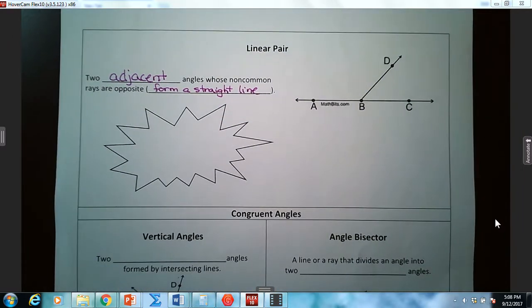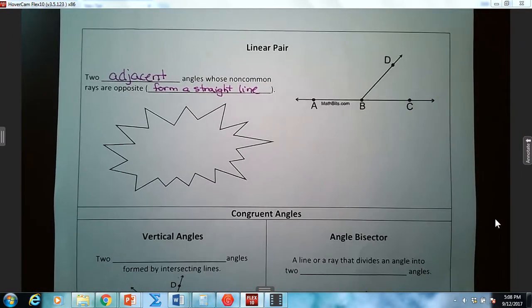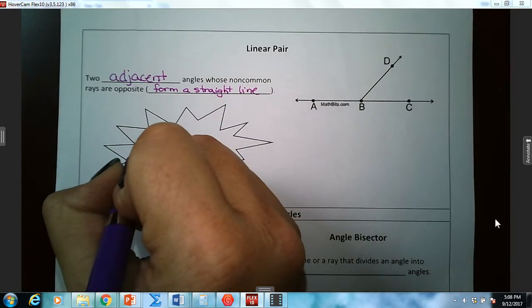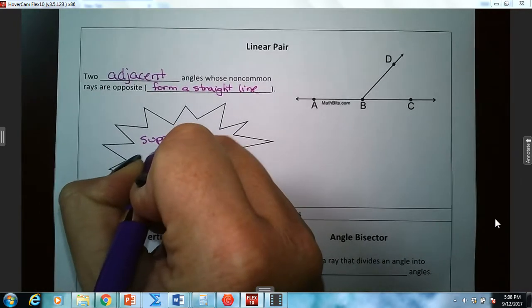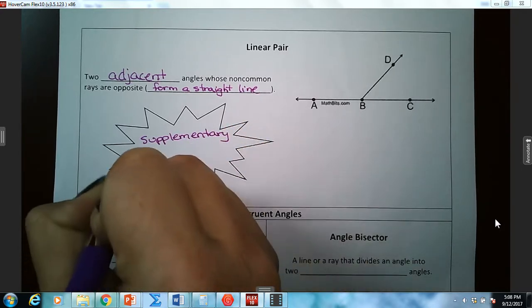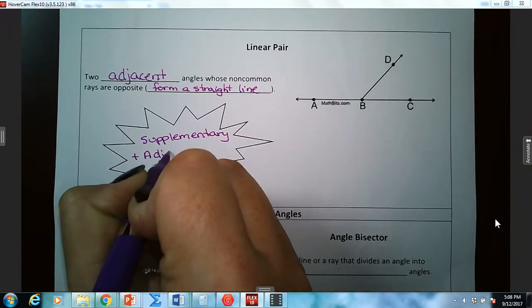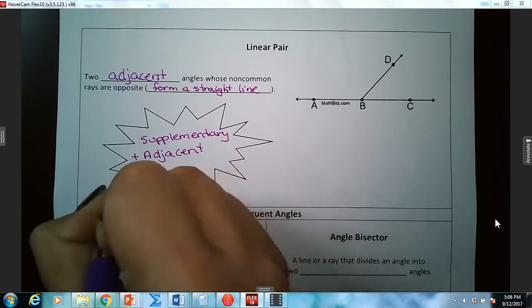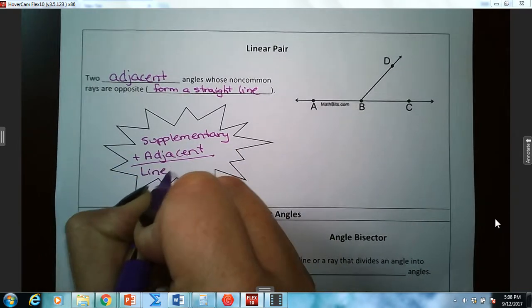I think that definition is a little tricky. Two adjacent angles whose non-common rays are opposite. That's pretty tough. Here's what I think you need to know to really keep linear pair in your mind. Supplementary plus adjacent equals linear pair.